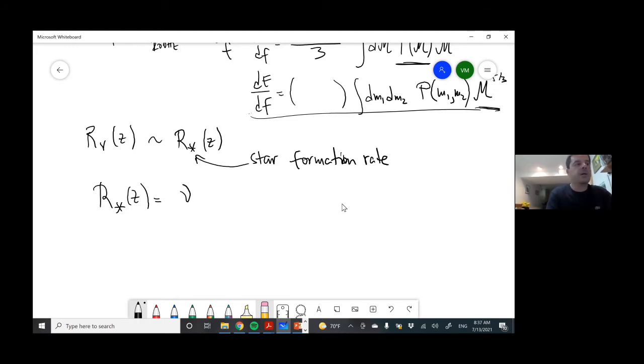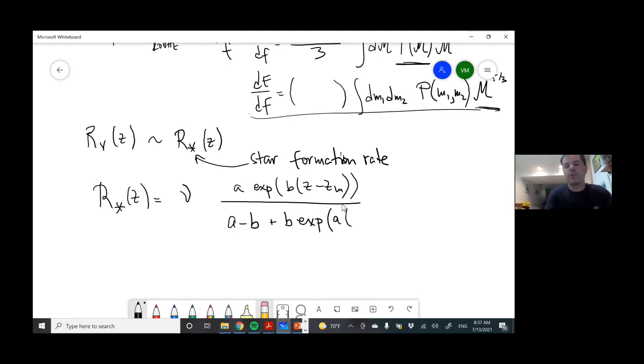There is some normalization factor, and then there is a piece where we have an exponential increase, and then there would be an exponential decrease, which would have a different exponent, so z minus zm.